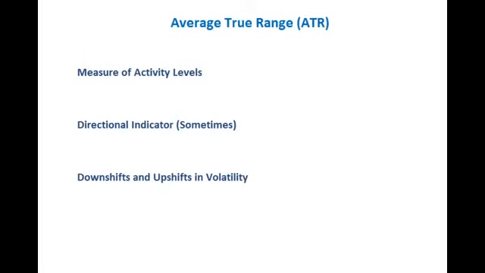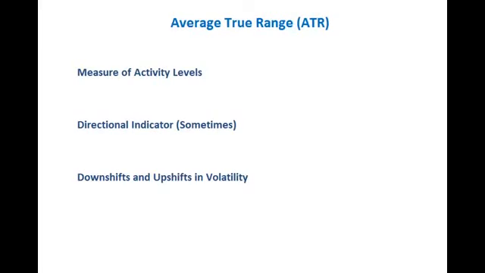The first thing to assess: there are three general states that the ATR can really be used for to improve our trading. One, it measures simply activity levels. It's important to realize it has this measurement ability.